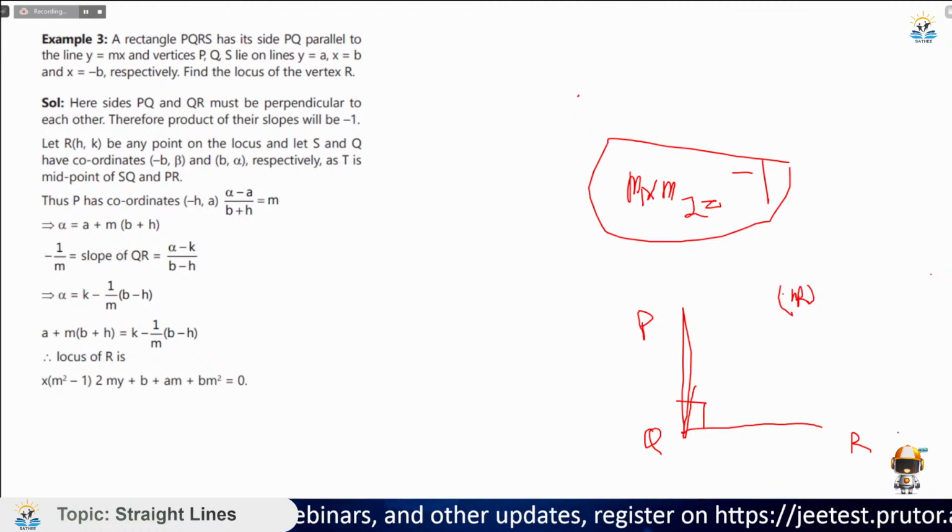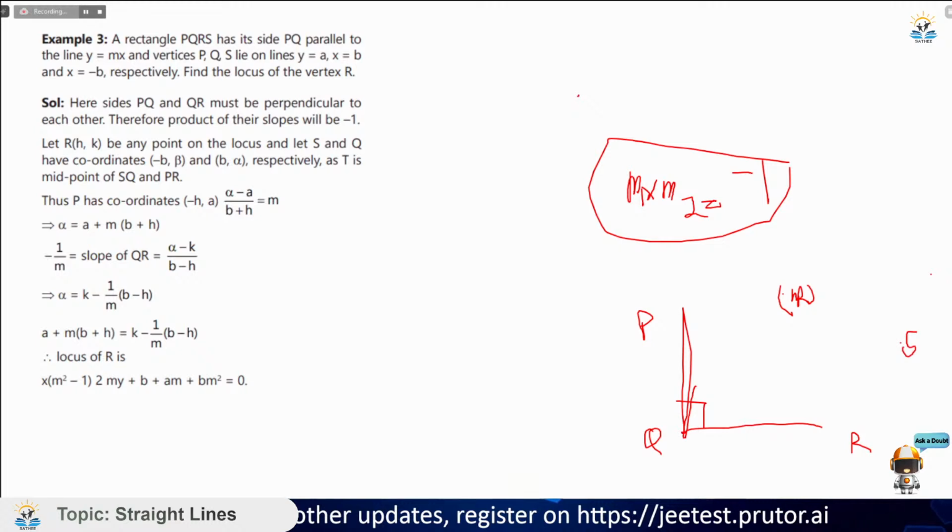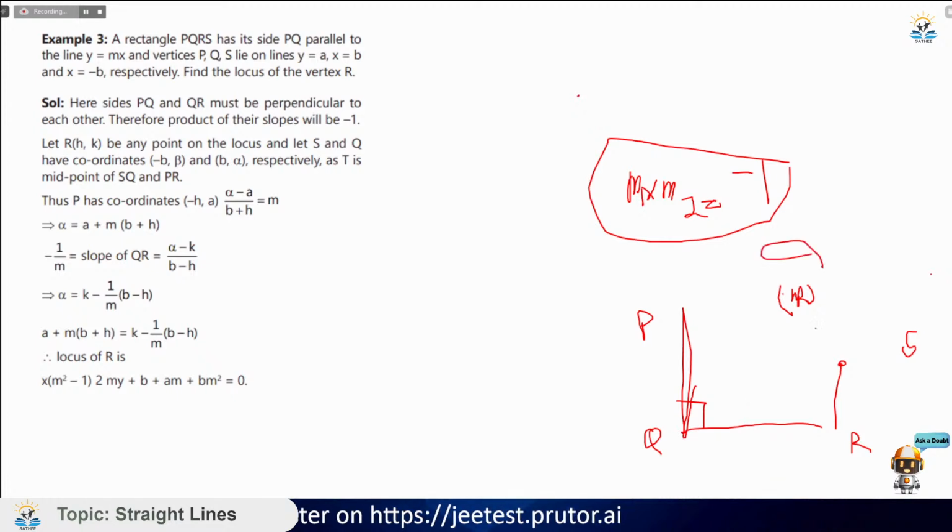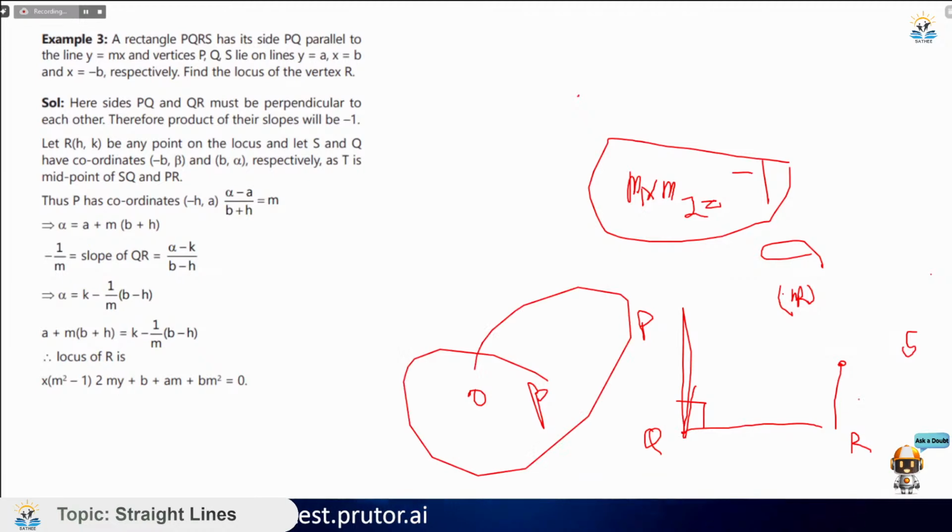S and Q have coordinates minus b comma beta and b comma alpha. T is the midpoint of SQ and PR.